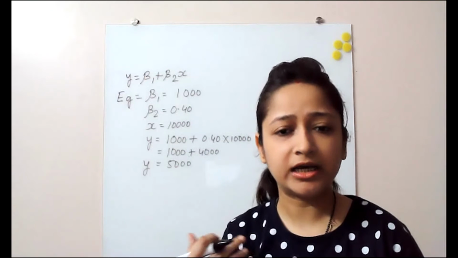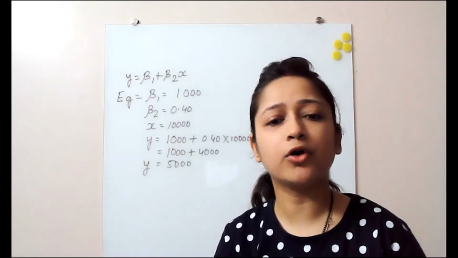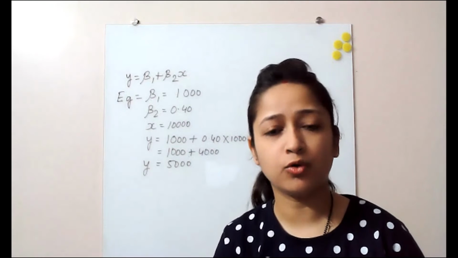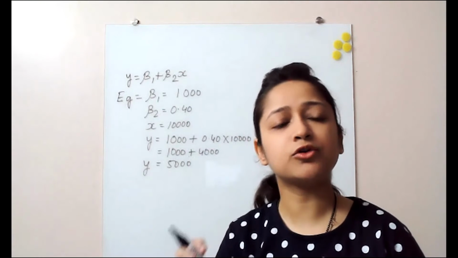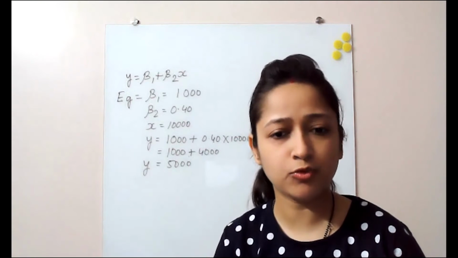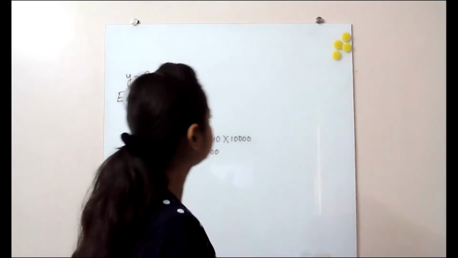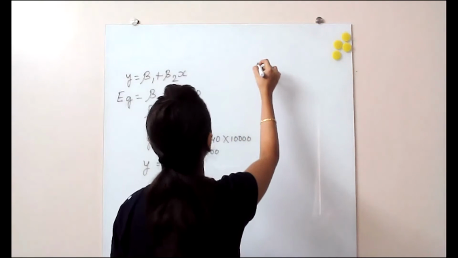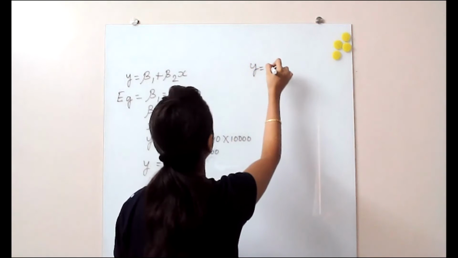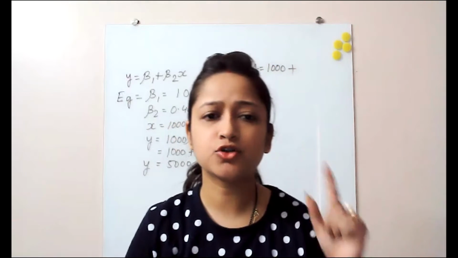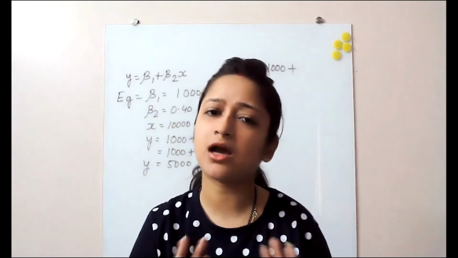Now in the next month, you want to predict what happens if you invest 4,000 more, 0.40 of that amount. If we invest more, how will my profit behave? Beta 1 is constant, so beta 1 will always be 1000.